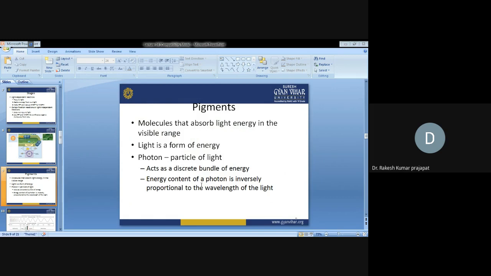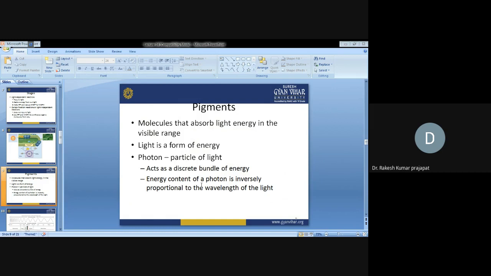Pigment molecules absorb the light energy in the visible range. Light is a form of energy. Particles of light act as discrete bundles of energy called photons. The energy content of a photon is inversely proportional to the wavelength of the light.